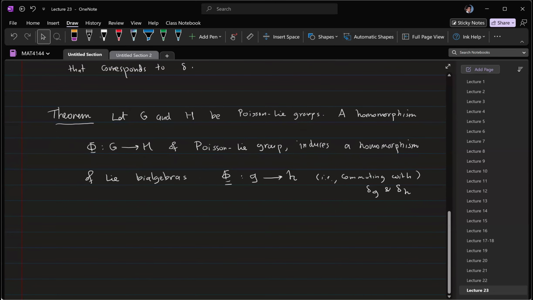And furthermore, just like in the case of Lie groups, where a Lie algebra homomorphism could be lifted to a Lie group homomorphism when the domain was simply connected, here we can do the same thing for the bialgebra context.